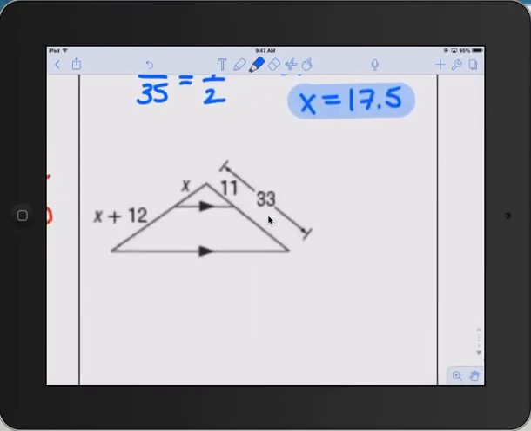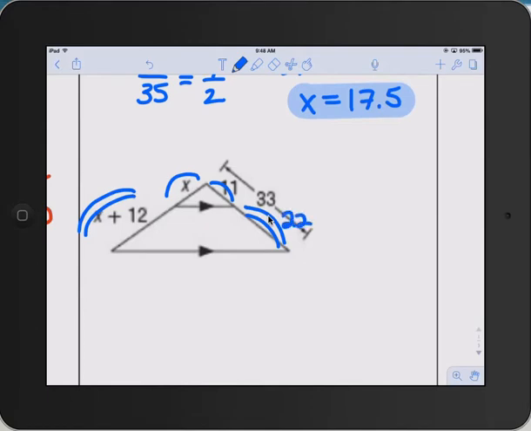Okay, now on this one, we're back to saying because the two segments are parallel, that makes the segments on the sides proportional. So x is to x plus 12, as 11 is to, oops, did the wrong thing there, 11 is to that piece. Because that's 33, 33 minus 11 would give us 22.